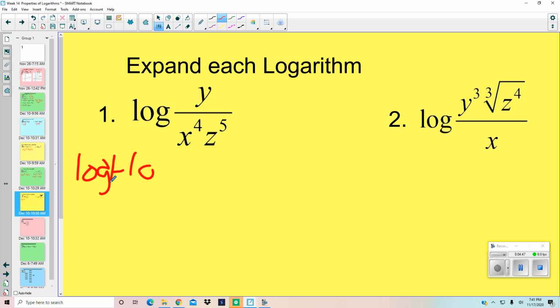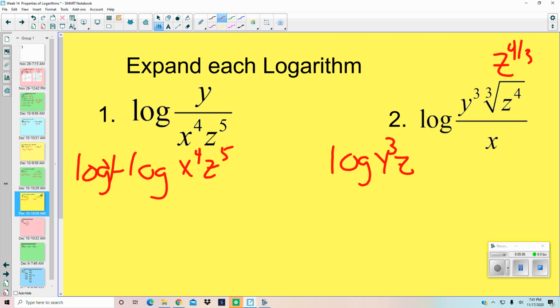Oop, I forgot the y. And then the second one, log of y cubed, I'm going to change this z, cube root of z to the 4th, as z to the 4/3, minus log of x.